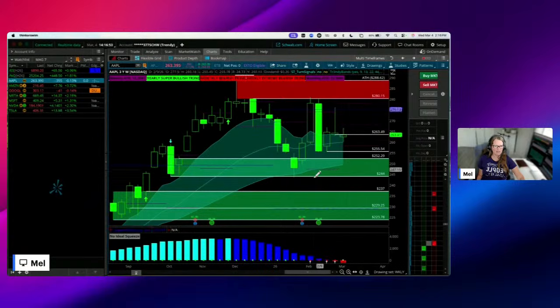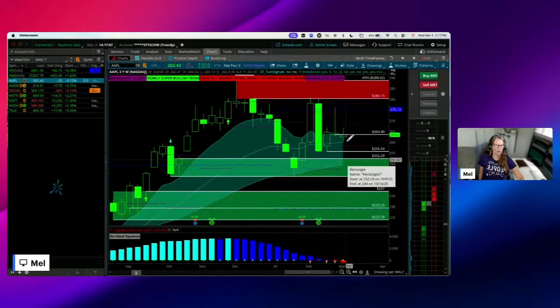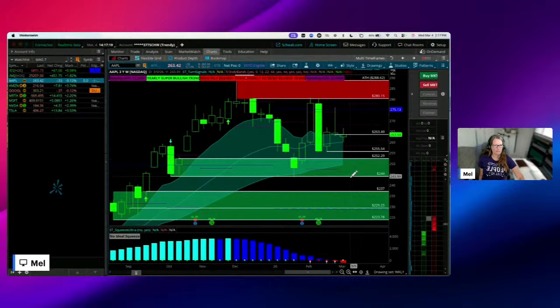It isn't a zone that I would necessarily trade for long term, but it is a zone that I would be interested in buying a dip for a relief bounce or a trade that I was going to be in for 2 or 3 months. So that buy zone for, let's say, options dated out to June for me would be 252 to 244.